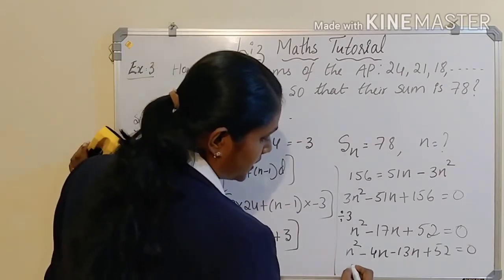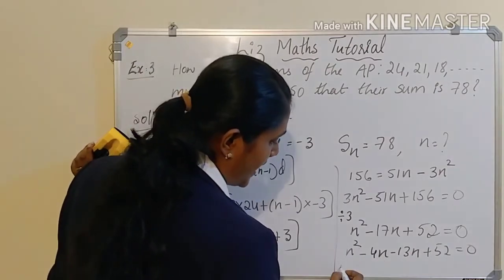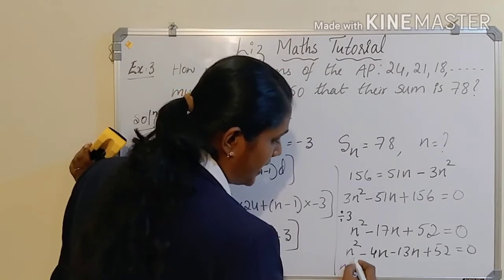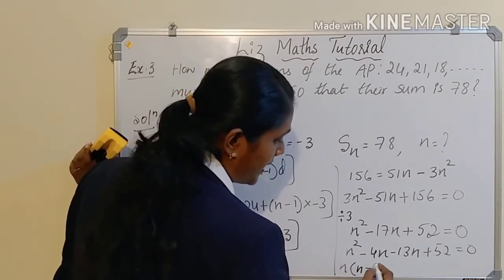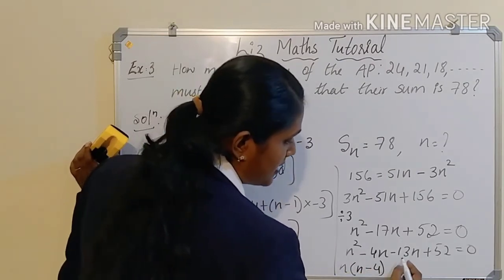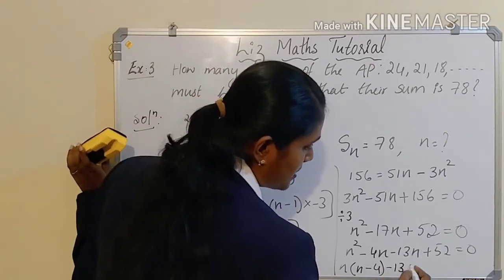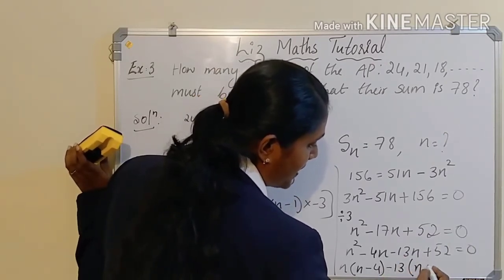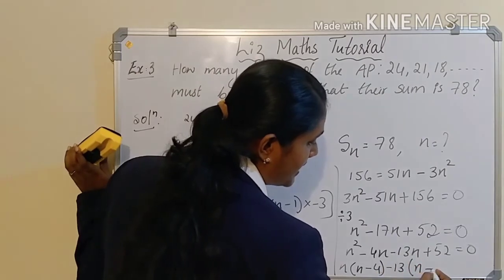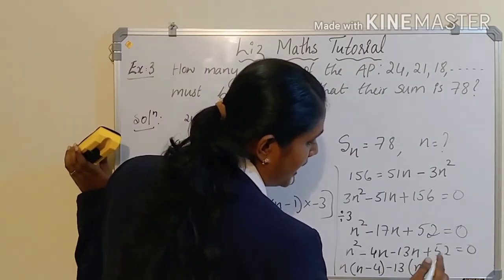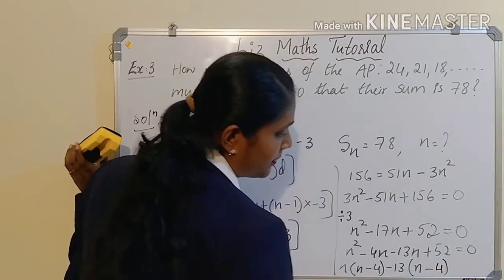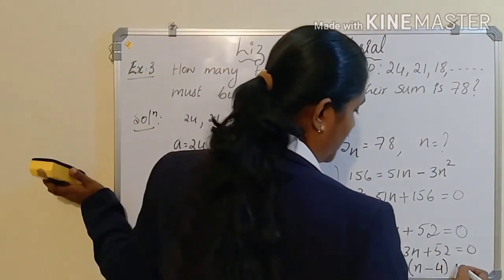So here, which is common, you can see n is common, take n outside. So here n remains, and here minus 4 remains. Similarly, here you take minus 13 outside, so n is remaining, and minus into minus, minus 13, how much, sir? 13 4s are 52, so equal to 0.